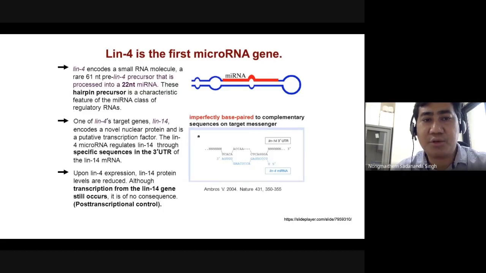The story goes that when you have a mutation in Lin4, there is a maturation defect, thereby leading to a delay in the egg laying process of the, oh sorry, this one was in C. elegans, not in Drosophila, sorry. This was in C. elegans.